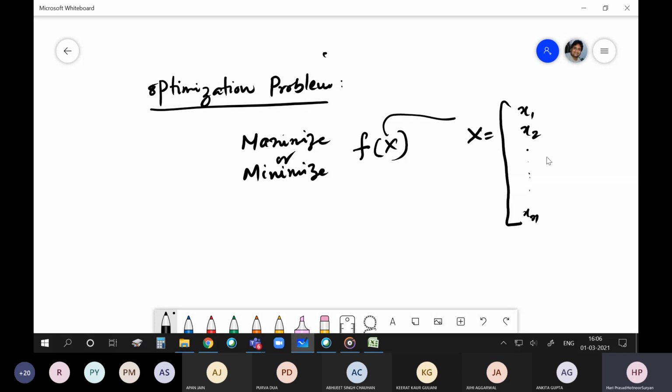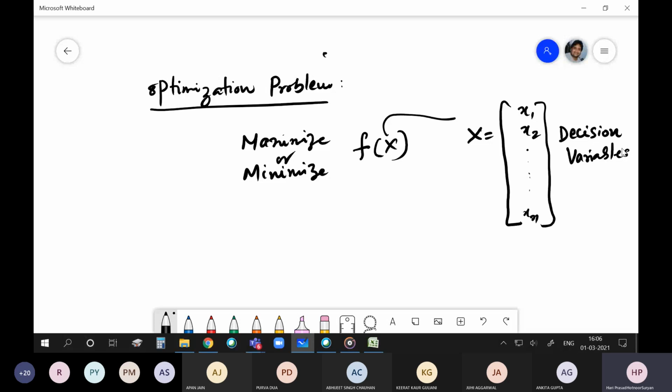These are decision variables. That means the optimal values of these variables have to be found such that this function is either minimum or maximum.